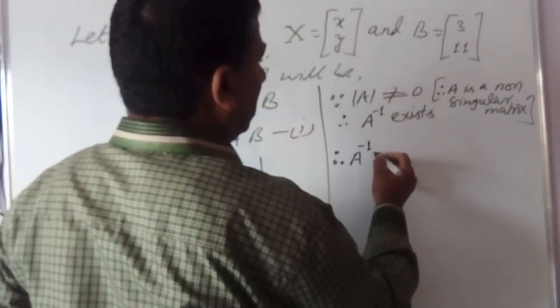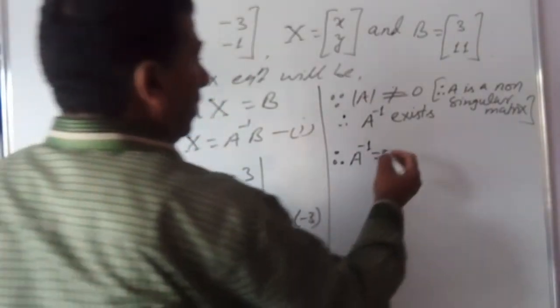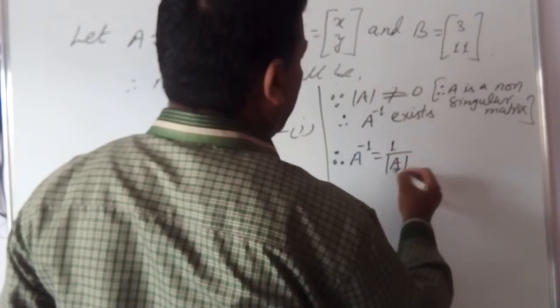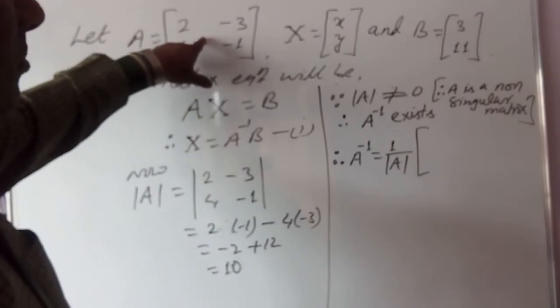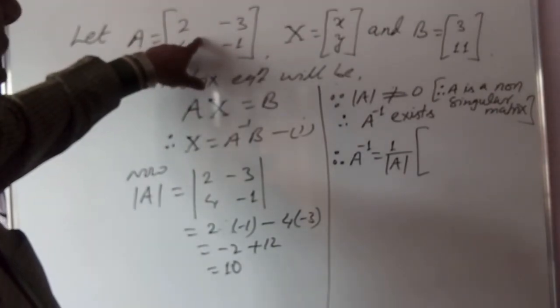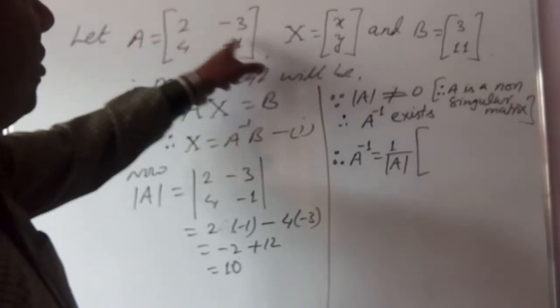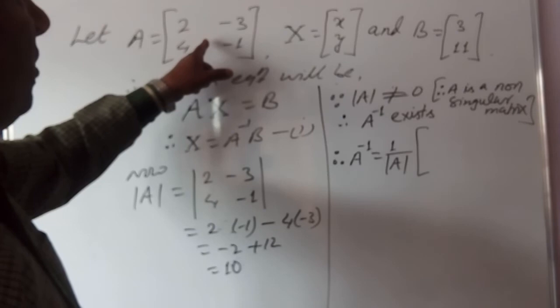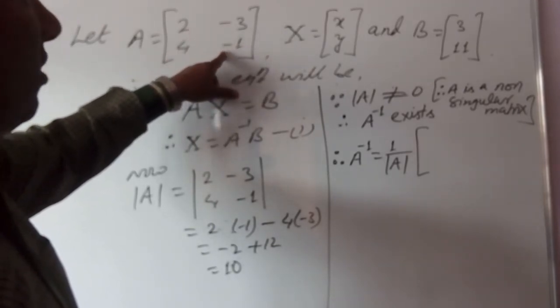We are going to find the inverse of matrix A. What is the formula? See the formula, I have already explained. Now matrix A is here. To find the inverse, this one is A, this one is D. These are the main diagonal elements. To find the inverse, change the position of the elements of the main diagonal.